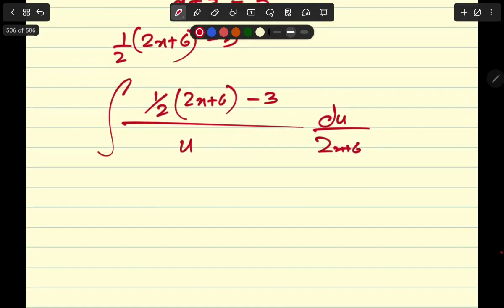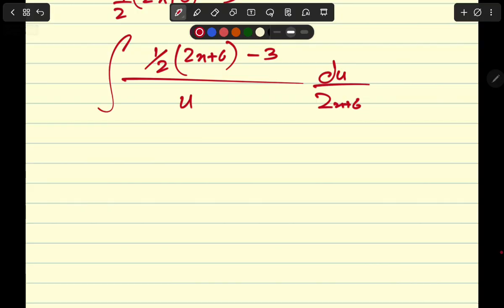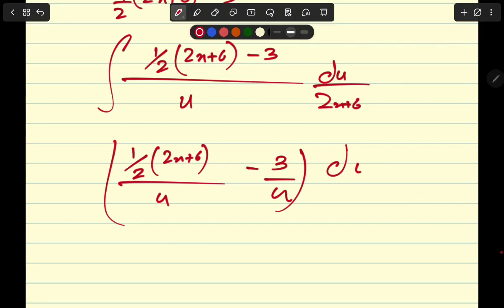Now I can break this into two terms inside the integral sign. So this is half of (2x plus 6), the entire thing divided by u, minus 3 upon u, the whole thing getting integrated with respect to 2x plus 6.